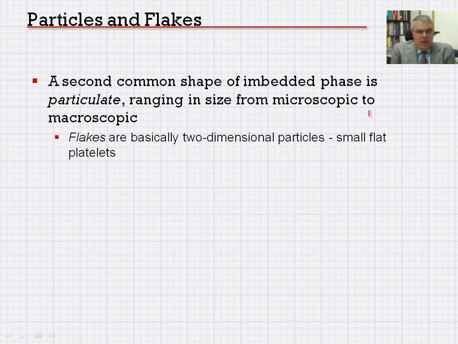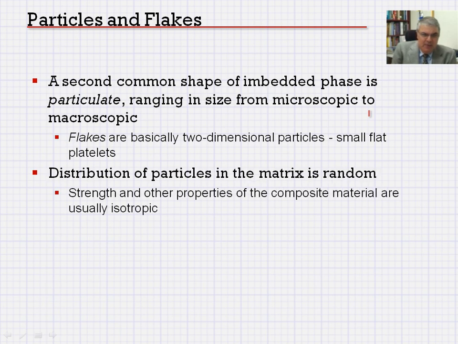So a second common shape of embedded phase is particulate. Now these are particles that range in size from microscopic to macroscopic. Usually they are two-dimensional, and they are small, and they are flat.